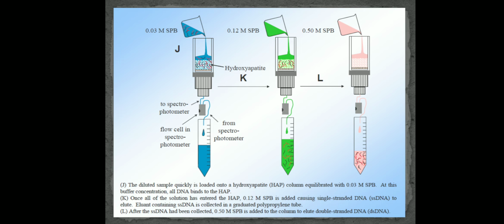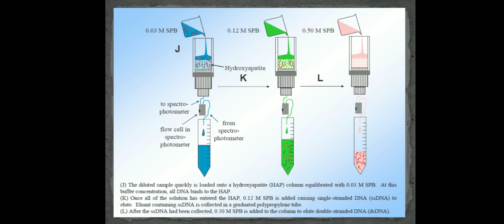So when you pour the DNA in, it attaches to hydroxyapatite, as you can see here. What you collect here is just the sodium phosphate buffer. Your DNA is actually present in the hydroxyapatite column.